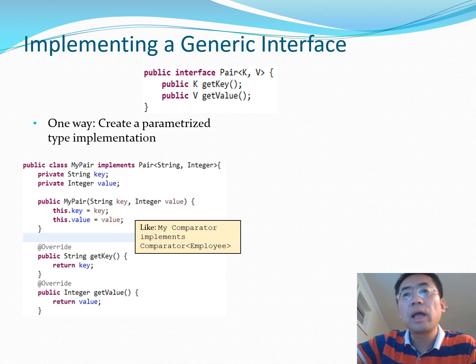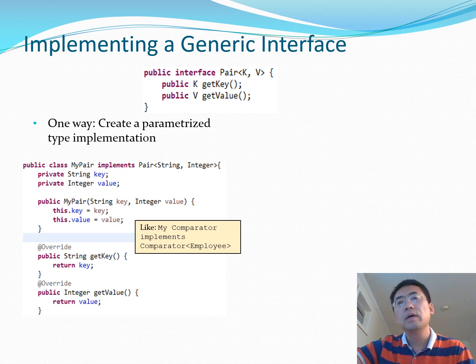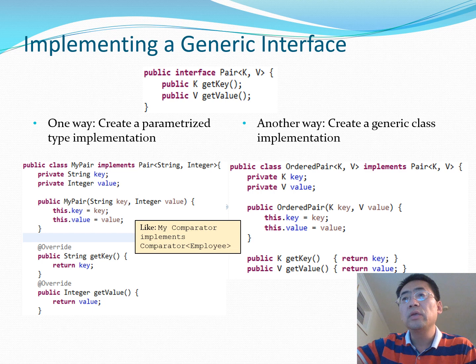For example, this class MyPair implements Pair String, Integer. At this time, you have to give actual types like String and Integer. A second approach is you just create a generic class that implements this interface. So you have to retain these type variables K and V, and the rest of the stuff is pretty much the same as what you have to do for the previous class.